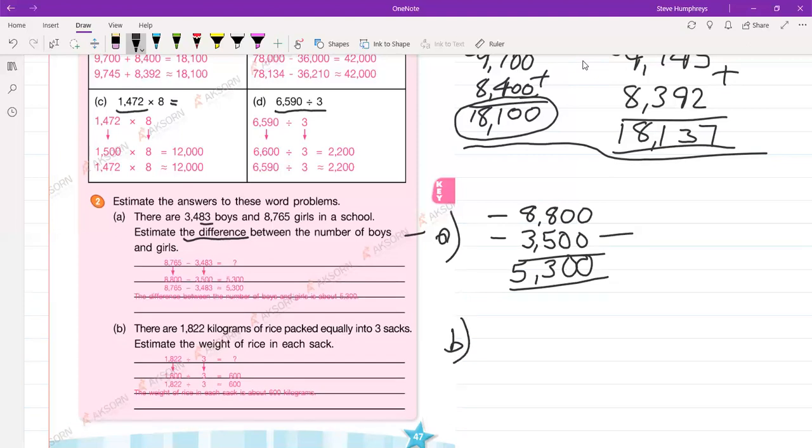There are 1,822 kilograms of rice packed equally into 3 sacks. Estimate the weight of rice in each sack.